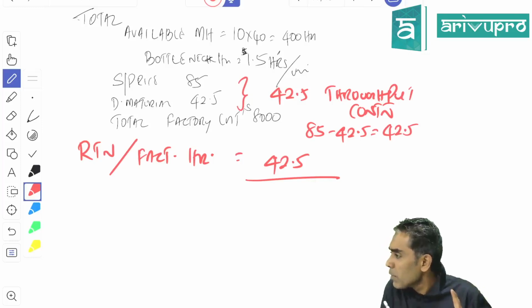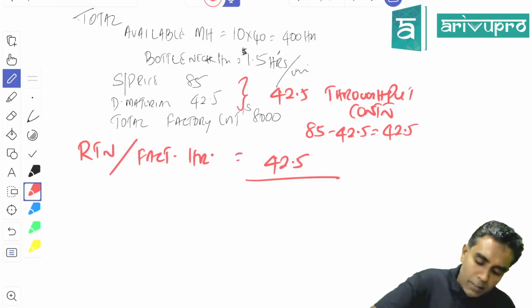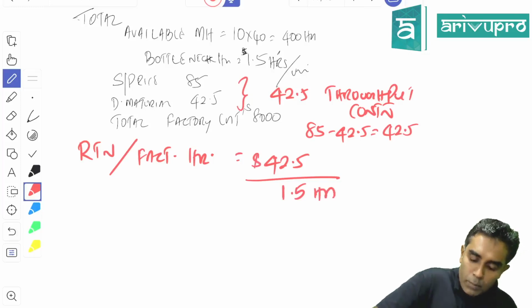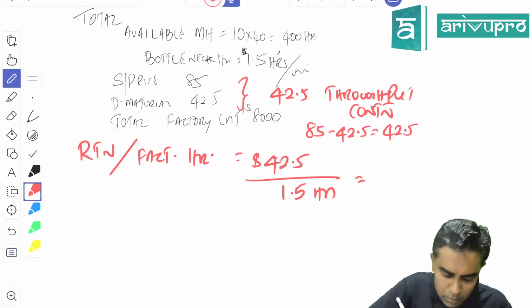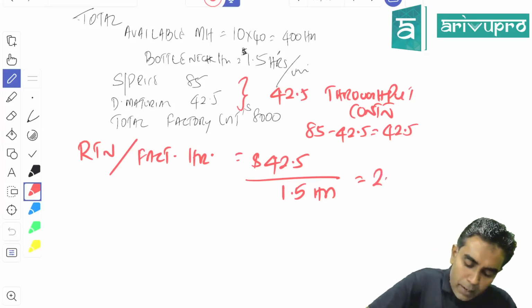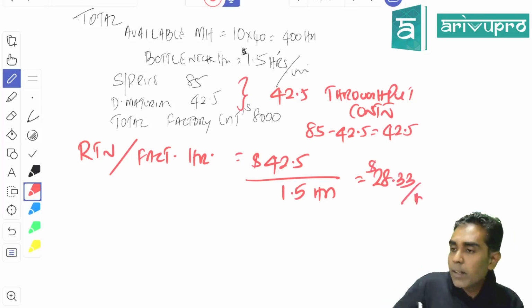What is the bottleneck resources per unit? 1.5 hours. Then what is the return per factory hour? 42.5 divided by 1.5 is $28.33 per hour. Correct?